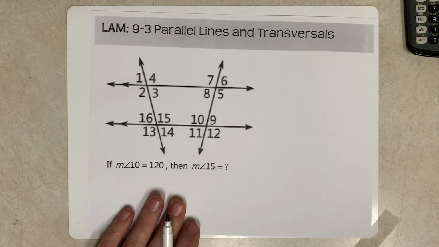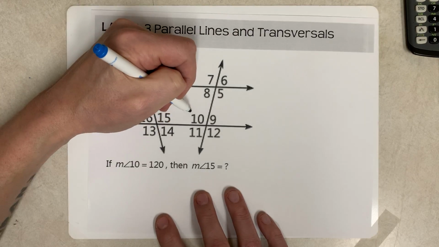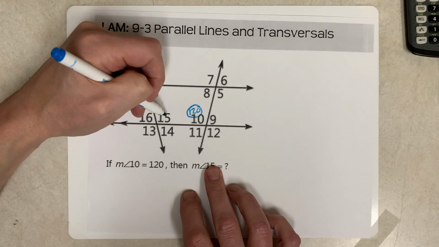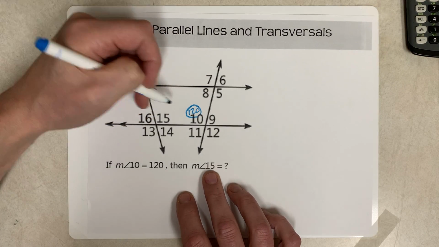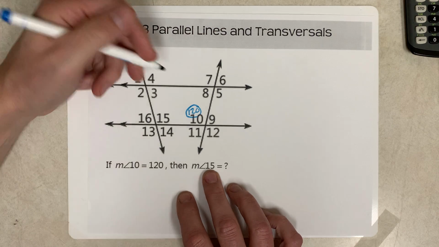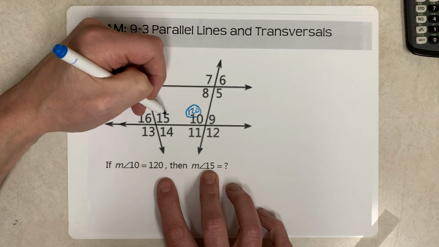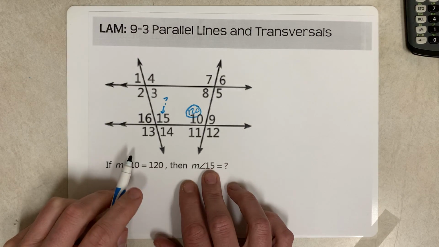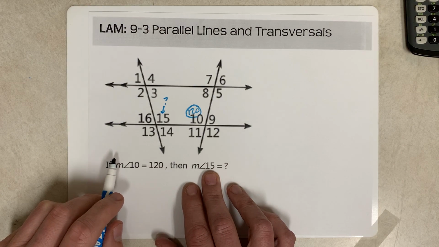Okay, let's try this one. If the measure of angle 10 is 120, then what's the measure of angle 15 right here? We don't really have a relationship between them.